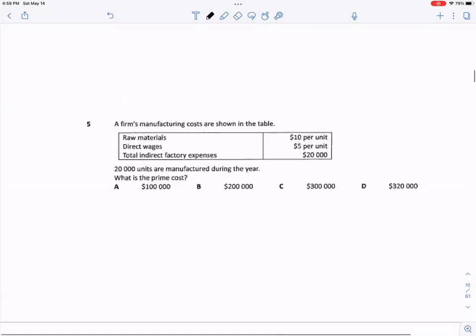Come on, what is the prime cost? Raw materials, direct. So first 20,000 multiplied by 10, that will give us 200,000.